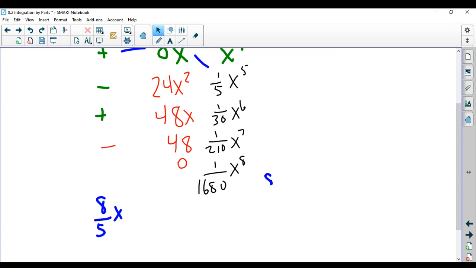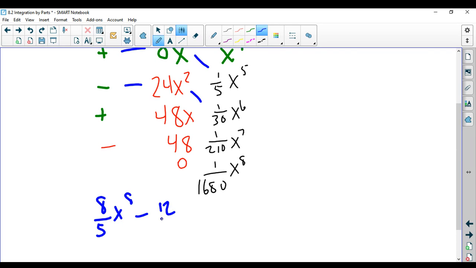So we had 8x over 5 times x to the 8th. The next is negative 24x squared times 1 over 30 x to the 6th. So that's 24 over 30, which is 12 over 15 x to the 8th.